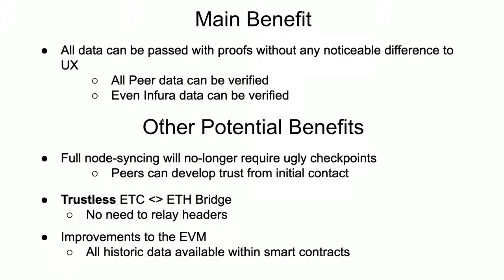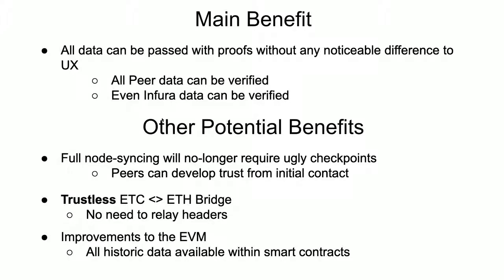But even if our users are using Infura or some kind of centralized service, we can actually verify that information now. So sure, it's still centralized. It still has the problem that the service can go down and that kind of thing. But we're no longer trusting a central party for what the information is. I would say that alone is a huge benefit.